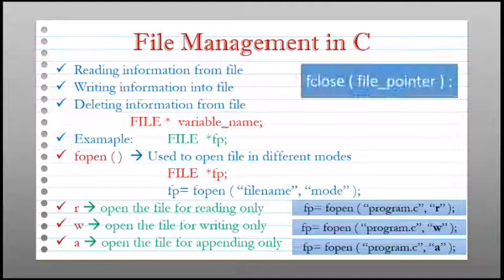This is the syntax of the fclose function. You just have to give the pointer variable name, that is the file pointer, in the brackets so that you can close the file which is opened by using the fopen function. So this is the syntax: fclose, and in brackets you give the file pointer name.